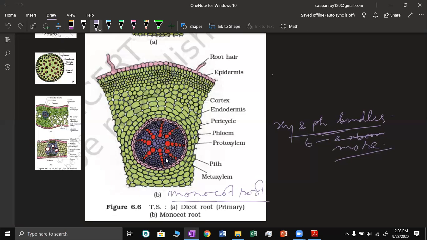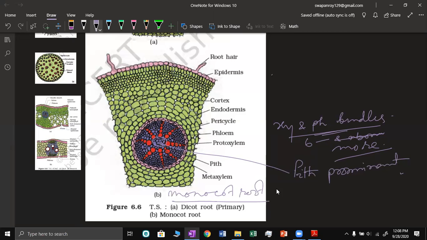And in the diagram, this portion is the pith or medulla. Pith is prominent.